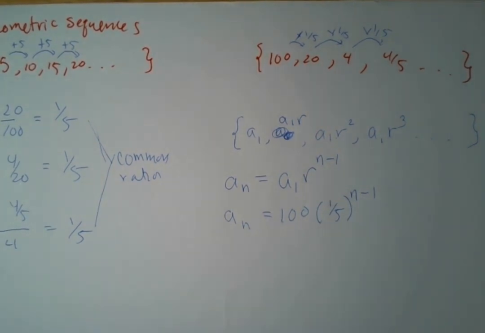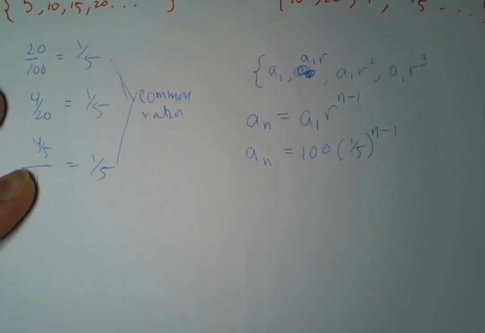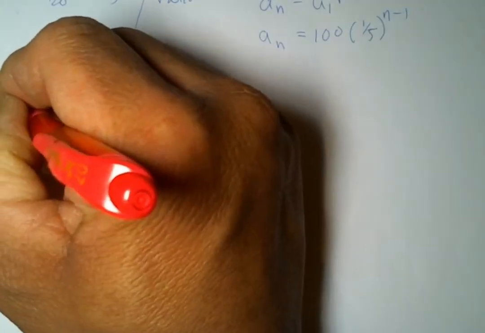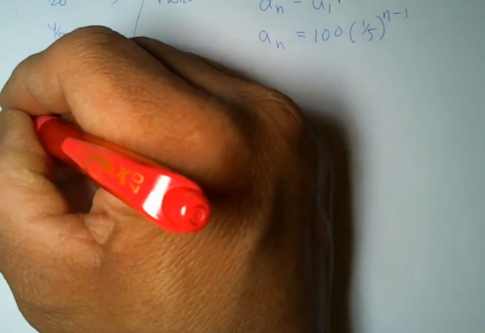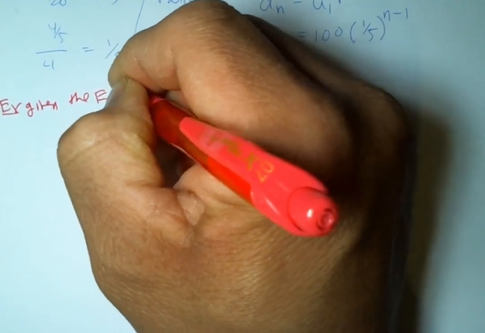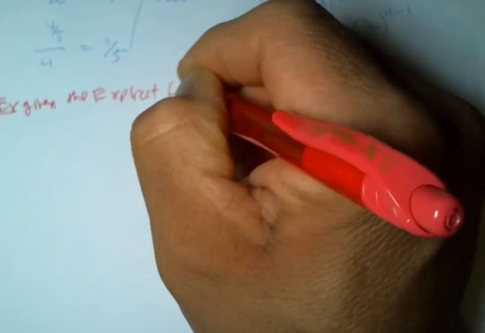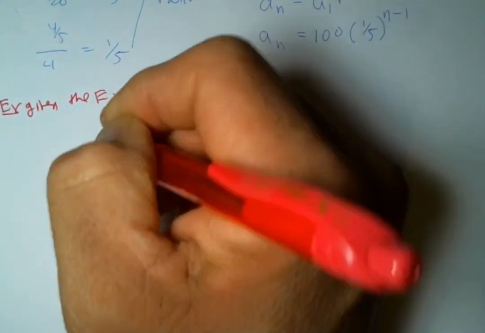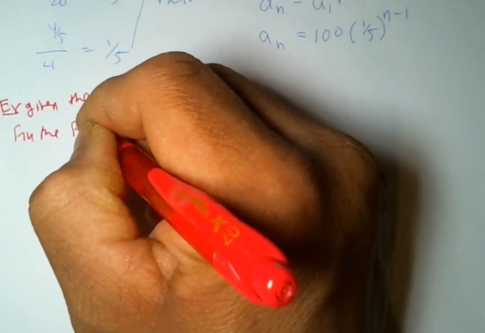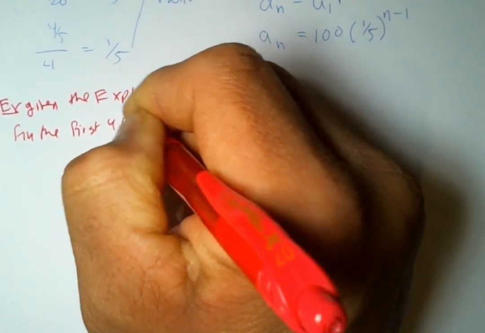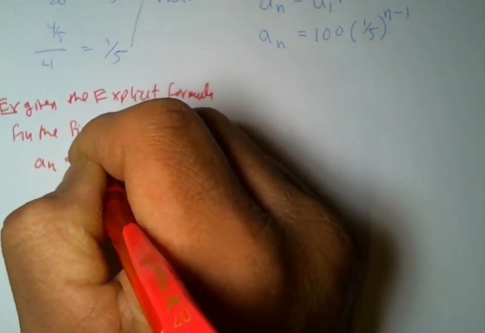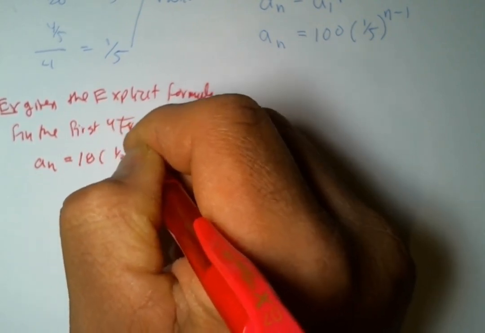Okay, so let's take a look at a couple of examples here. For this example, given the explicit formula, a sub n equals 18 times 1/3 to the n minus 1, we're asked to find the first four terms.